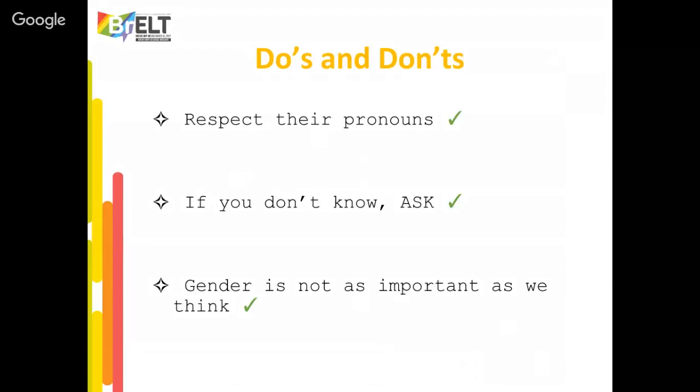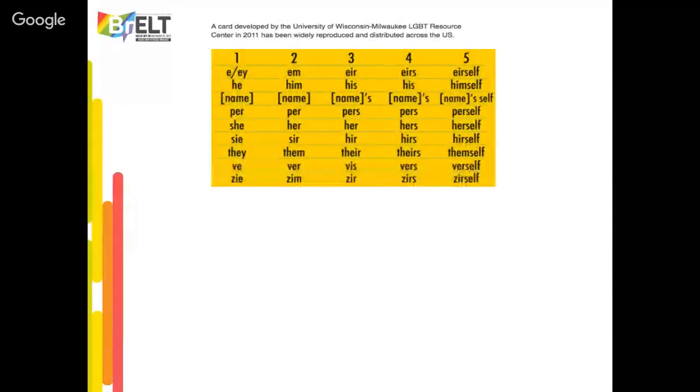And again, I like to emphasize that gender is not as important as we think, okay? Let's try not to gender everything and consider people as genders, okay? So I found this card, which was developed by the University of Wisconsin-Milwaukee, in the LGBT Resource Center in 2011.